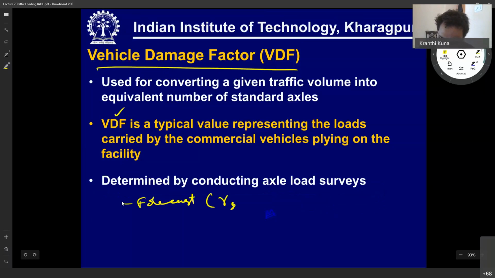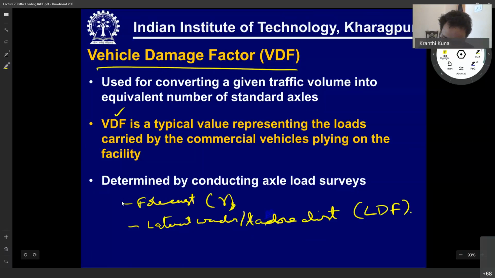And how we account for lateral wander and lane distribution. Lane distribution we discussed; we have lane distribution factors. And then we also discussed axle load factors or damage factors. So based on all these three, what we find is design traffic.